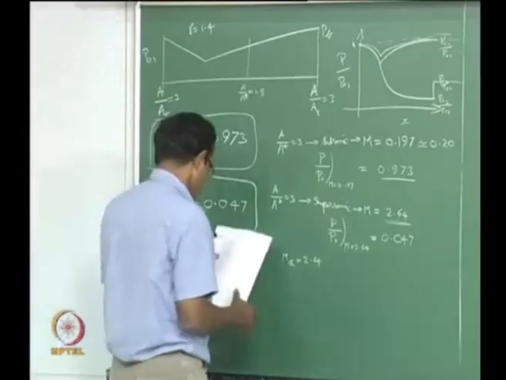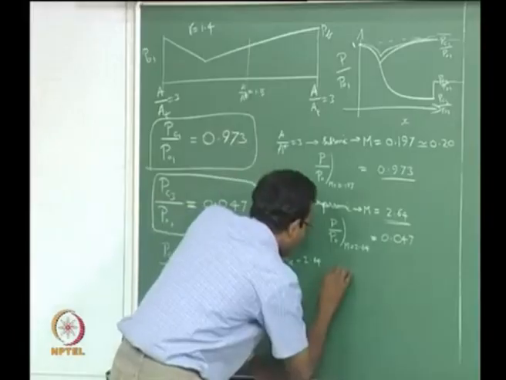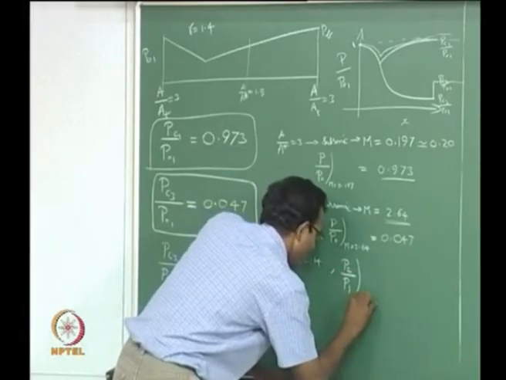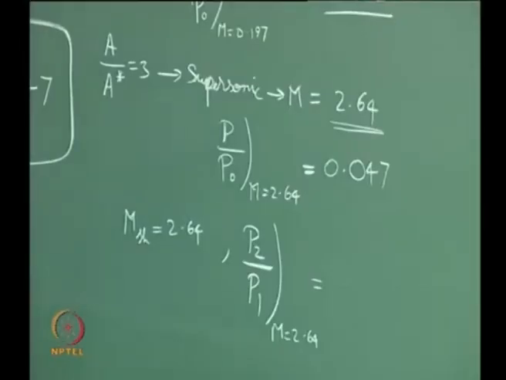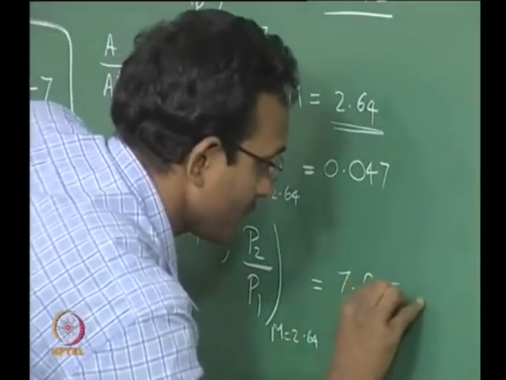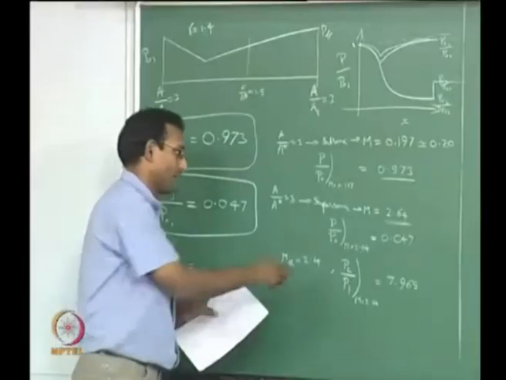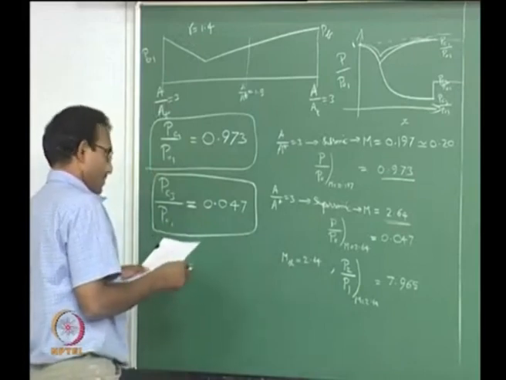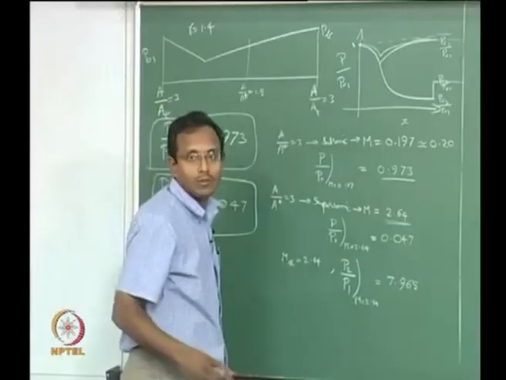Okay. So once I have done that, now I just have to find from here P2 by P1 at M equal to 2.64. If I find this number, that happens to be 7.965. This is all for gamma equal to 1.4 I am solving. Okay, I am getting this particular number 7.965, and if I have to find the exit pressure now after the shock, what will it be?